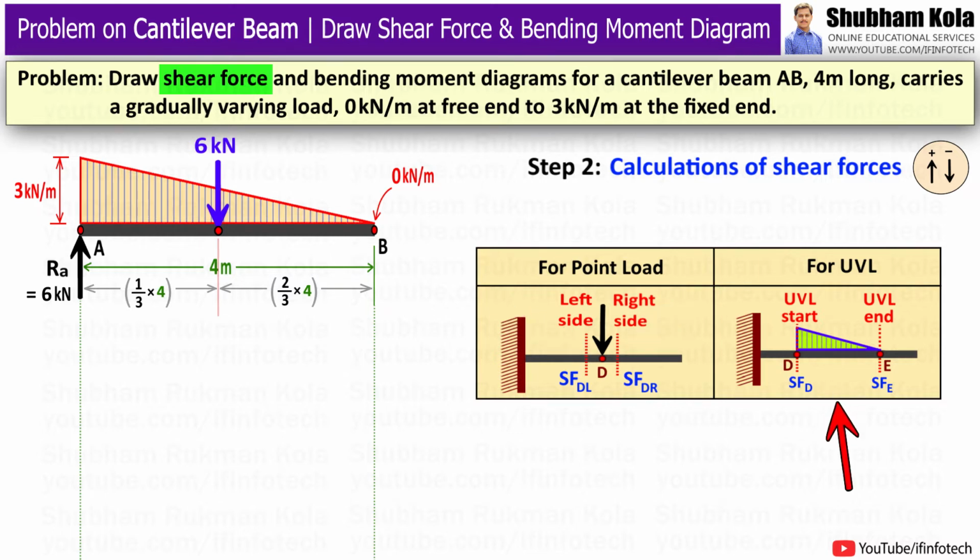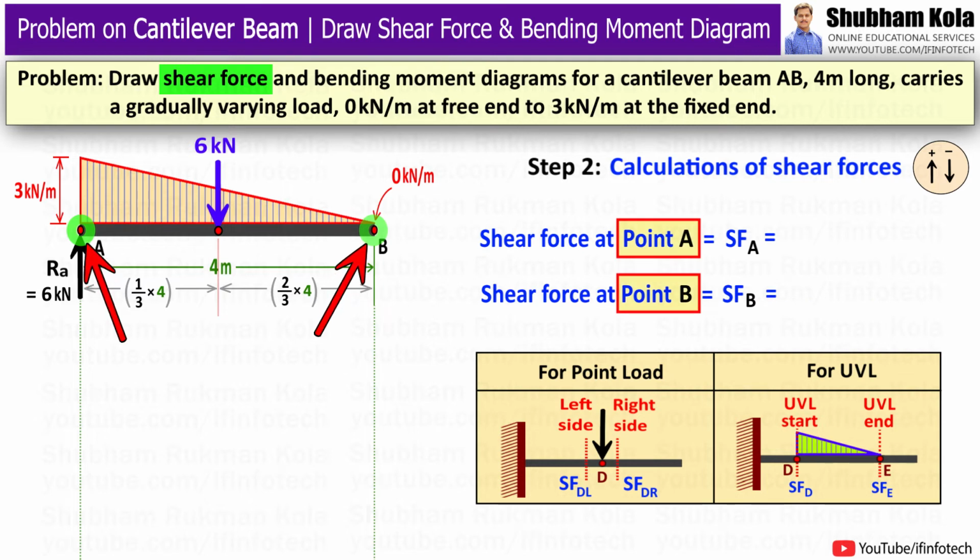But while calculating the shear force at uniformly varying load, you should calculate shear force values at start point and end point of uniformly varying load. That is, shear force at point A and shear force at point B we need to calculate.